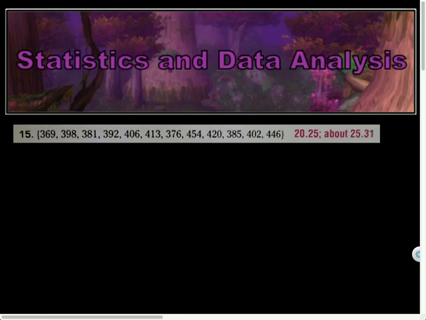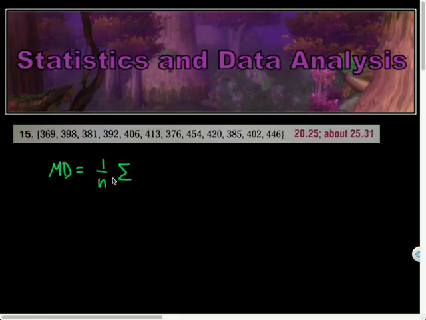Actually, before we do that, let's see if we can remember what the formula for mean deviation was. Mean deviation, if I recall, was 1 over n. It was described as being the average distance that our points were from the mean.